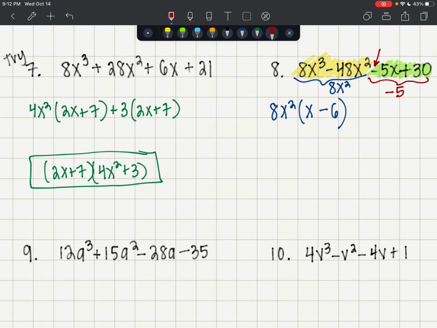And if I factor out a negative 5, I'm going to have x minus 6, because negative 5 times negative 6 brings us back to that positive 30. Now what's common to both the blue term and the red term? An x minus 6. And when we factor that out, we have 8x squared minus 5.